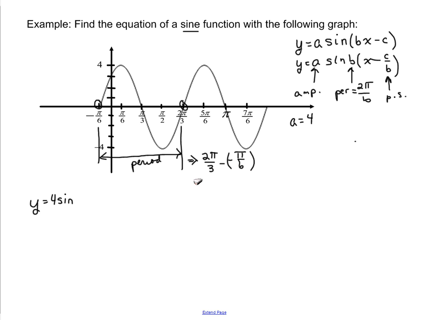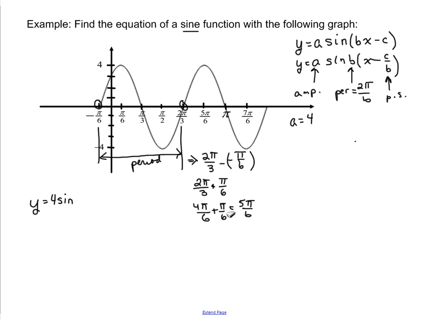Well, this is going to give us 2 pi over 3 added to pi over 6. But we have to get that common denominator of 6 right here to make this work. Of course, pi over 6 is our second number. This is going to become 4 pi over 6. And so it looks like our period right here is going to be 5 pi over 6.